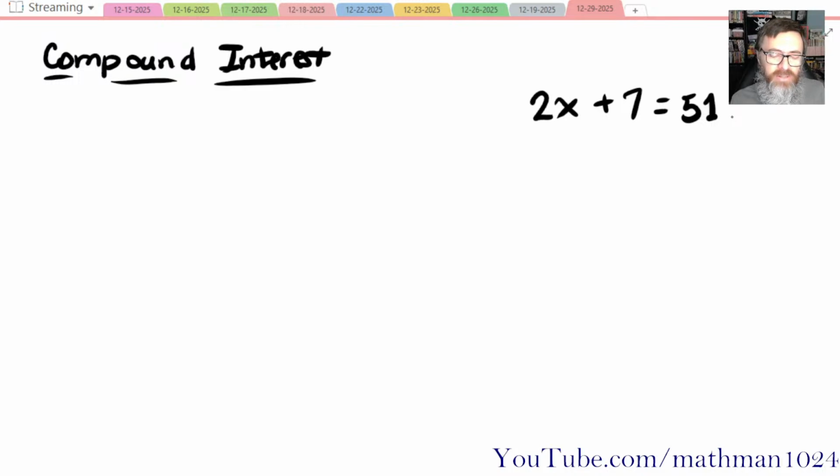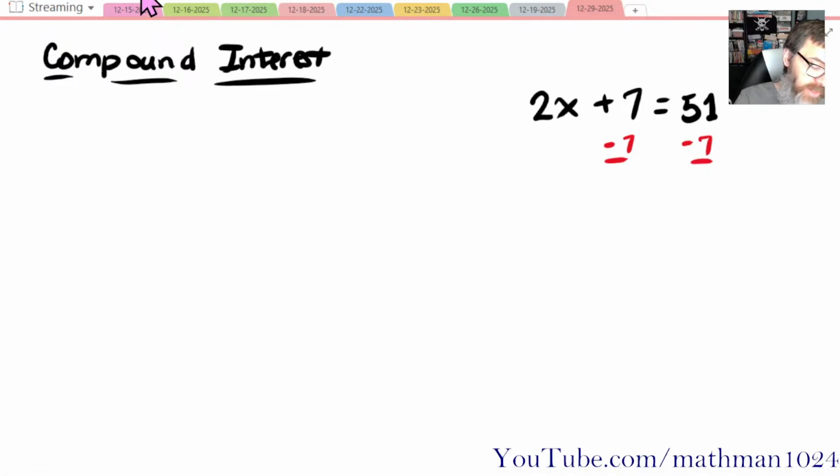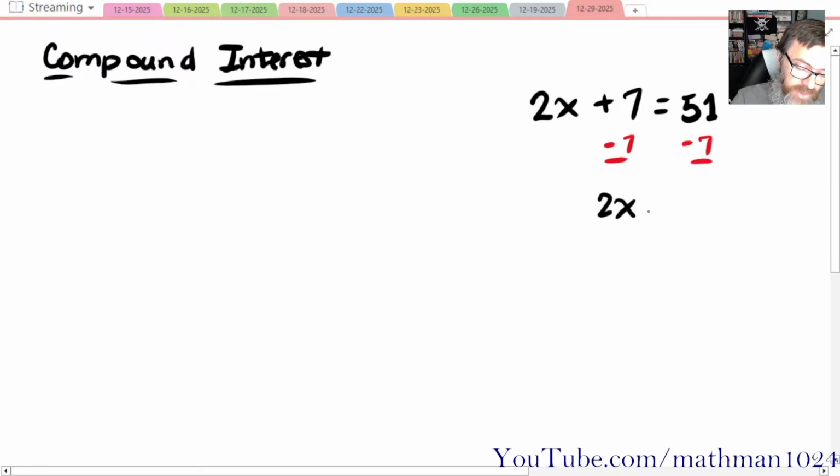Not realizing that I don't have to guess and check to get the answer. And I've run into students that I've tutored that have done that. They just try to guess to get the answer. Like, well, you don't really have to do that, because if you use properties of algebra and you subtract the same amount on both sides, you start to peel away those layers until only x remains.